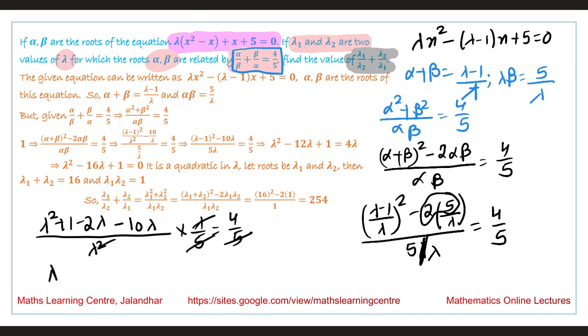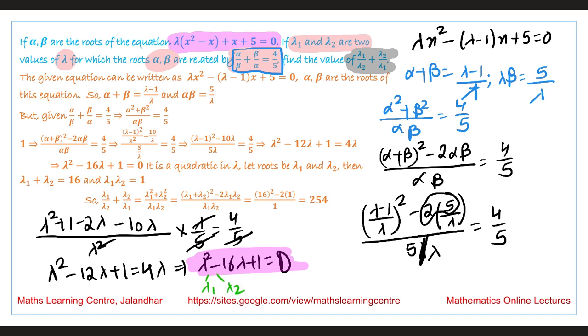So the answer we have is λ² − 12λ + 1 = 4λ. So this implies λ² − 16λ + 1 = 0. Now it is clear that this is a quadratic equation, and it will have two values of λ, and it is given that those two values are λ₁ and λ₂.